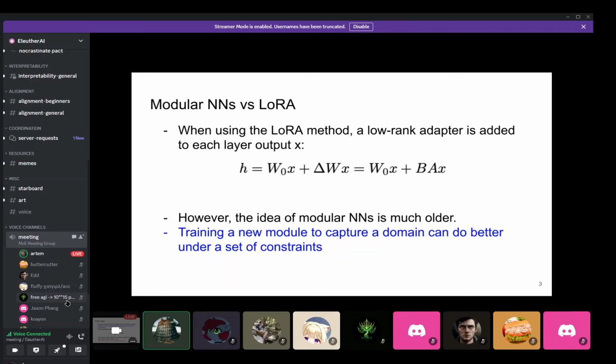The first comparison I wanted to make to the way they add new experts was LoRA, because I think there's a lot of parallels there. You have some new data or some new thing that you want the model to learn, or you want to somehow change the model weights to behave a certain way without fully pre-training.